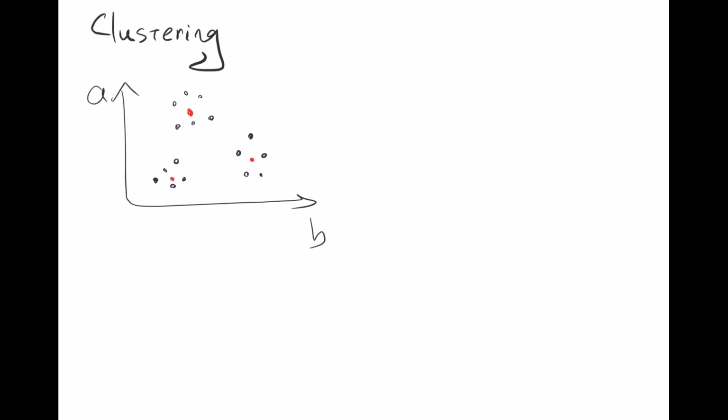So the distance of this observation to this cluster is much less than to this, and much less than this. And the same for other observations. The distance of each observation within the cluster to the center is much less than to other clusters. So you might say it seems a good clustering. All of the points in each cluster have a short distance to the center of their cluster and a long distance to the other centers.